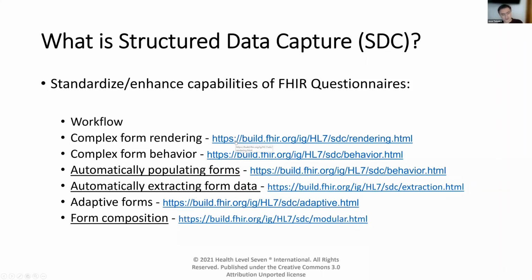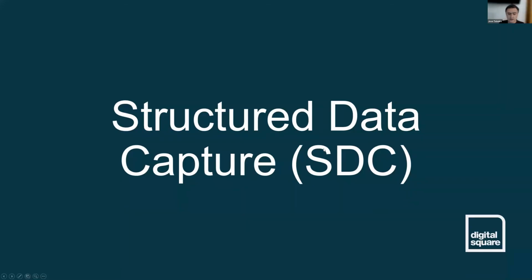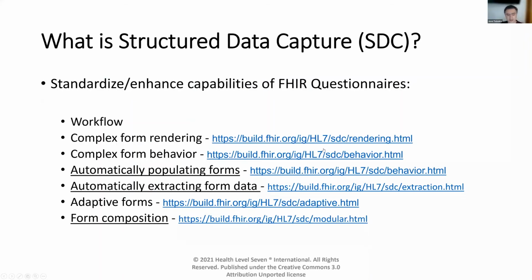How could that be achieved? Or, very interestingly for us, how do I extract data? How can I get all the observations without making my own custom system? And how do I put forms together and make forms adaptive, etc. But these underlined ones are the most important ones.